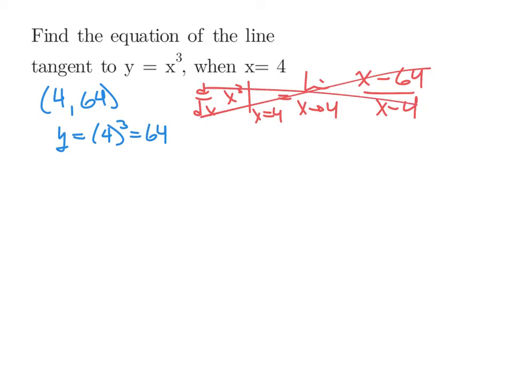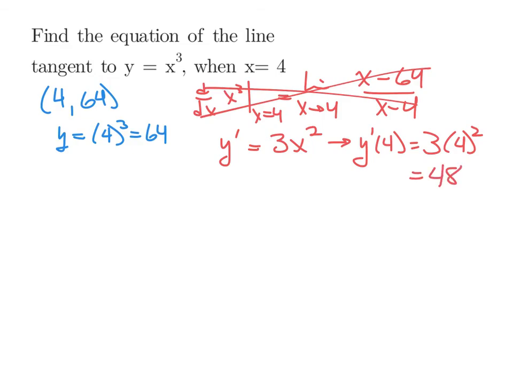But now we can find the derivative of x cubed by using the power rule. We bring the power down and reduce the power by 1. Now, when I want to find the slope of the tangent line, I'm just going to find that derivative evaluated at 4. So we'll have 3 times 4 squared. 3 times 16 is 48. There's our slope.